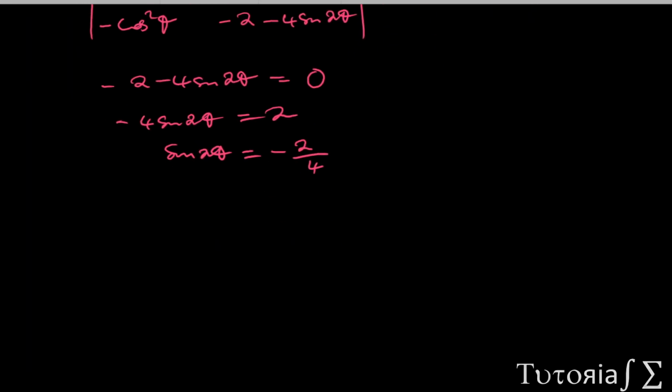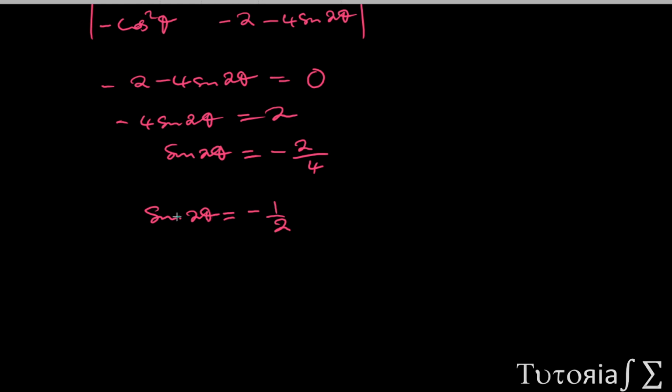which just simplifies as sine 2 theta equal to negative 1 over 2. All right, so now from here, this is where we now find the general value of theta. So how are we going to find the general value of theta? We need to find a few values of theta, then we see if there is a pattern, then we generalize the formula, right?